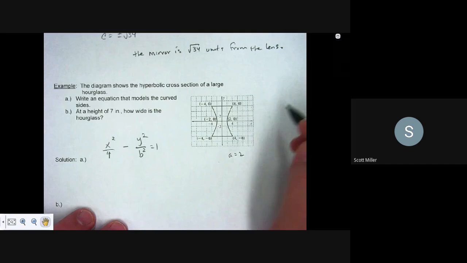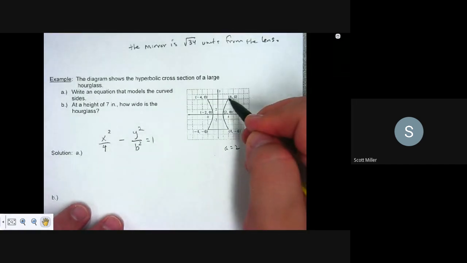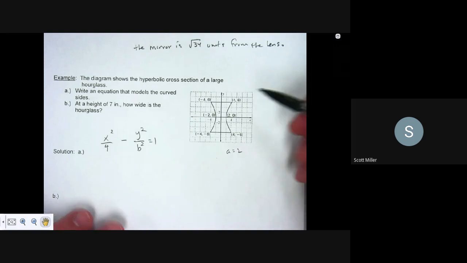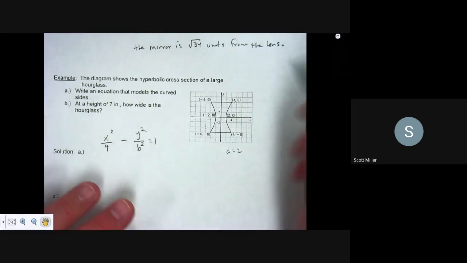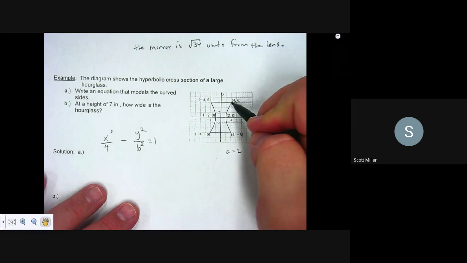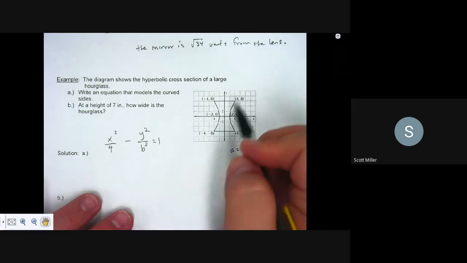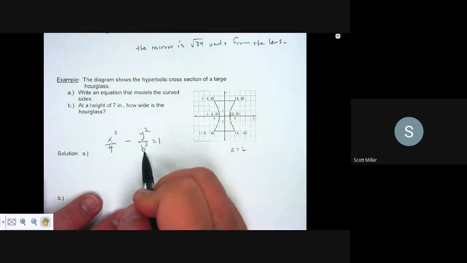Now, what we want to do here is look at this a little bit differently. We can't say necessarily that point is on a hyperbola that would be drawn here, so let's see what's really going on. I know that this point is there, so we can plug it in here to find b.